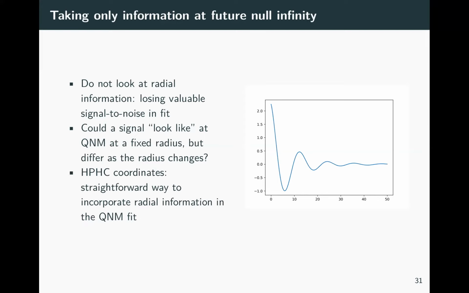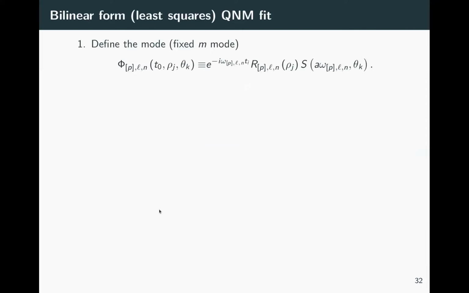In HC coordinates, it's very straightforward to include radial information because the modes, again, are regular there. So you can do your fit not just at one fixed radius, not just at future null infinity, but at many radii. That gives you more signal to noise. Especially for a linearized code, you can just fit over the whole domain. So it's a straightforward way to incorporate radial information.